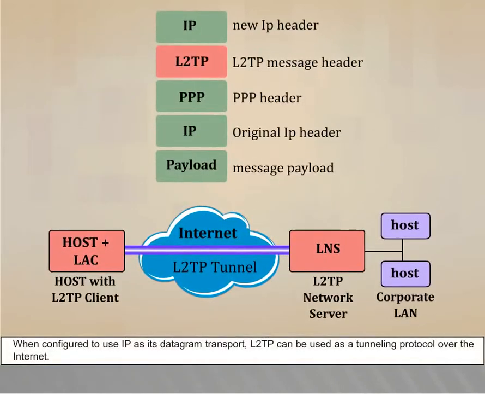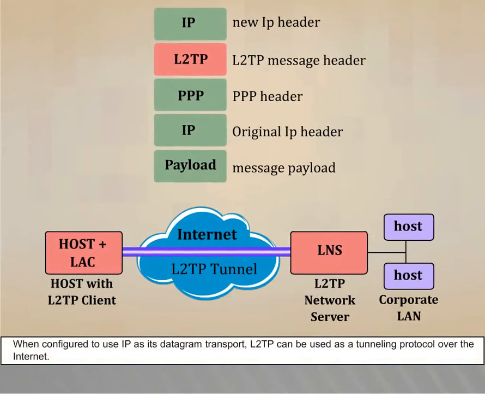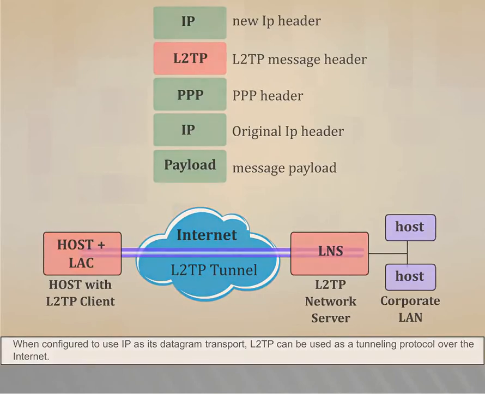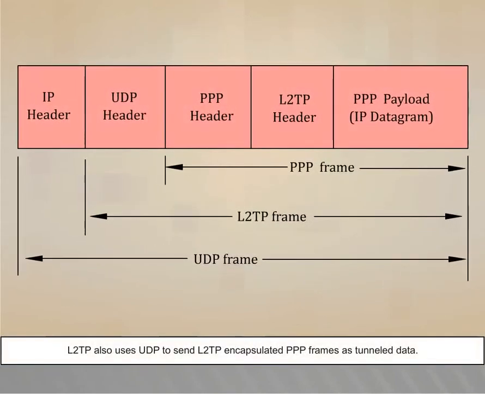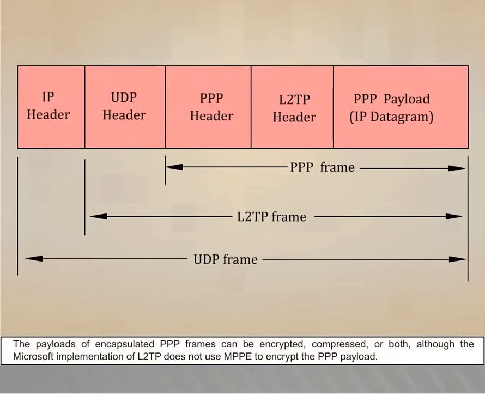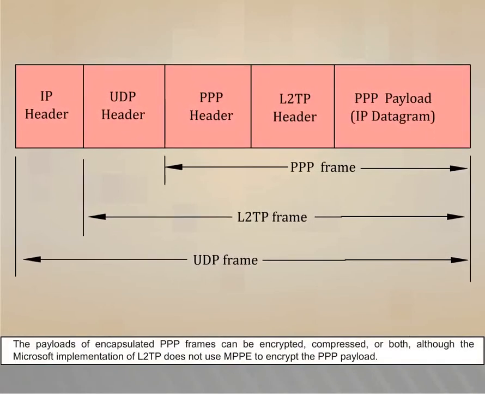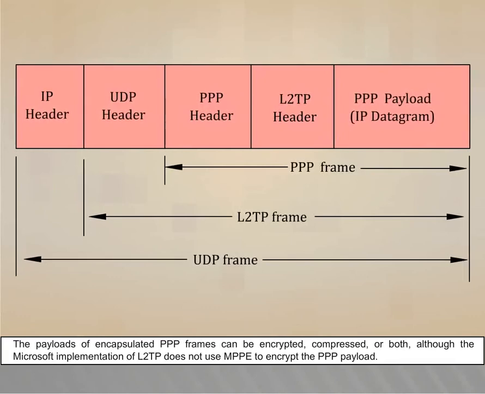When configured to use IP as its datagram transport, L2TP can be used as a tunneling protocol over the Internet. L2TP also uses UDP to send L2TP encapsulated PPP frames as tunneled data. The payloads of encapsulated PPP frames can be encrypted, compressed, or both, although the Microsoft implementation of L2TP does not use MPPE to encrypt the PPP payload.